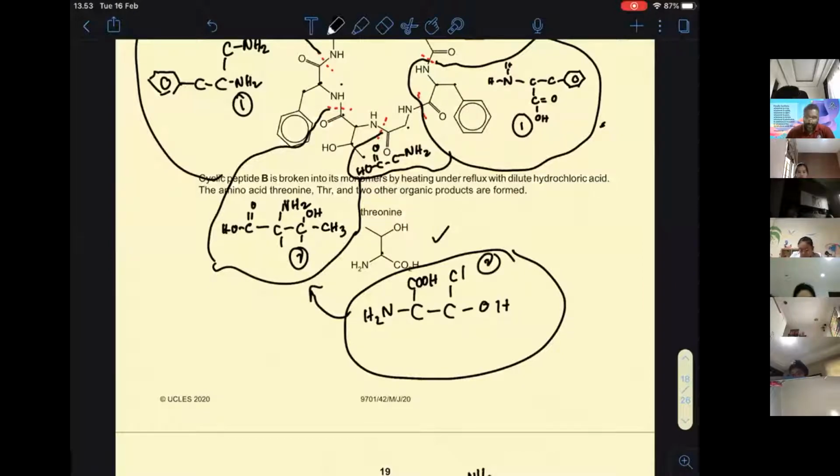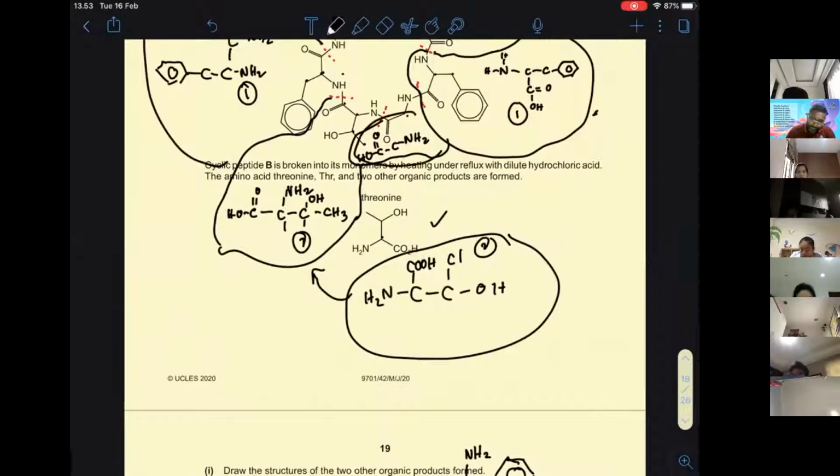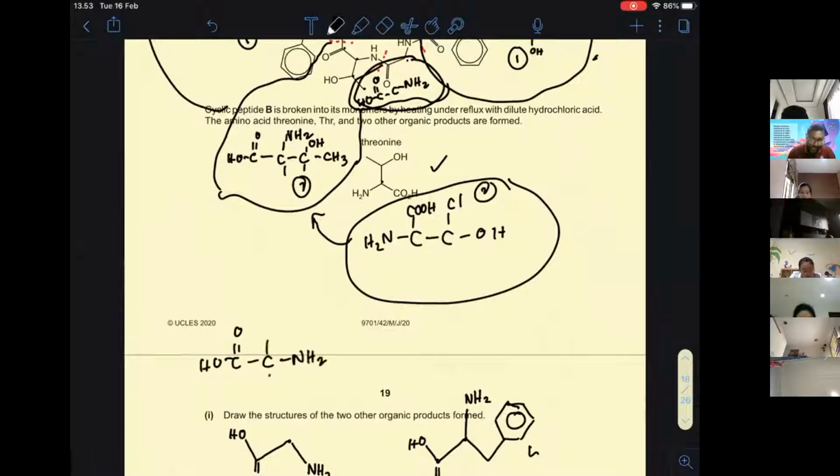So here what I need to write is this: C double bond O, OH, C double bond O, OH, C, and then NH2. This is what I need to write.